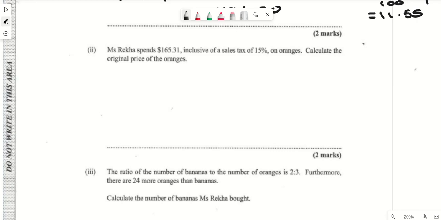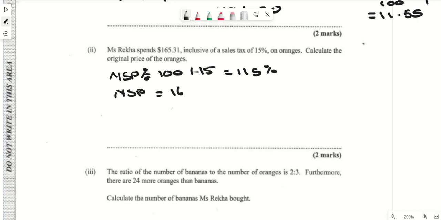So new selling price would be 100 plus 15, which is 115%. Right, this is new selling price percentage, and your selling price would be 165.31. Calculate the original price. Original would be 100%, so they're asking you for 100.